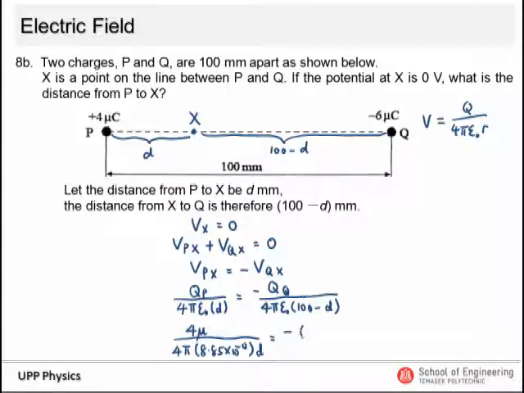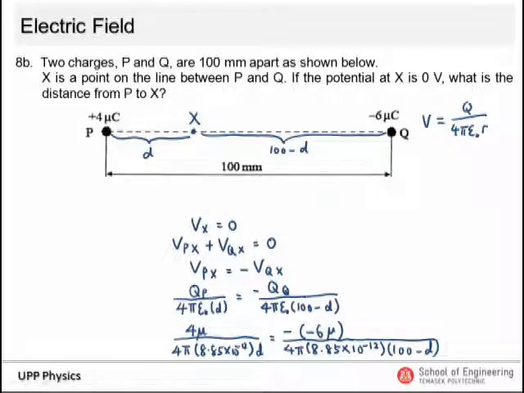So negative of negative 6 microcoulomb, over 4 pi epsilon naught, where epsilon is 8.85 times 10 to the minus 12. Then 100 minus d here. So this is the equation.